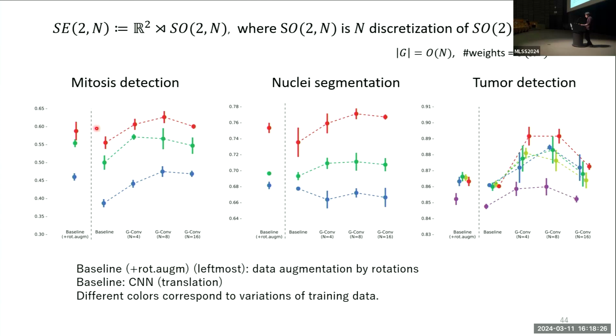And you can see that in this case, data augmentation shows somehow good results in these 2 cases especially. But still, with the best choice of the discretization, the performance of the group convolutional neural network shows better.